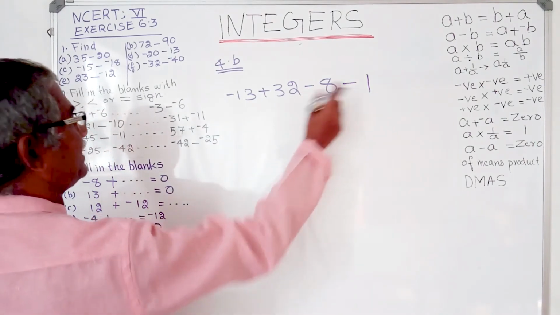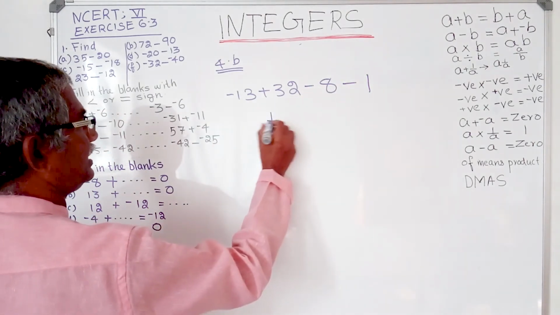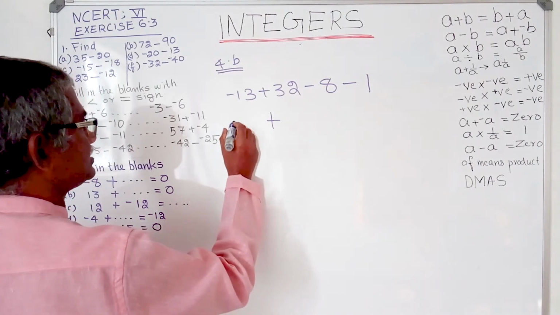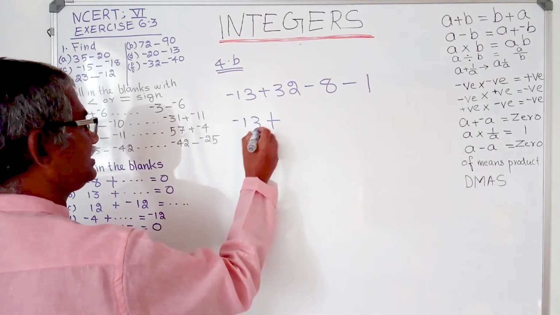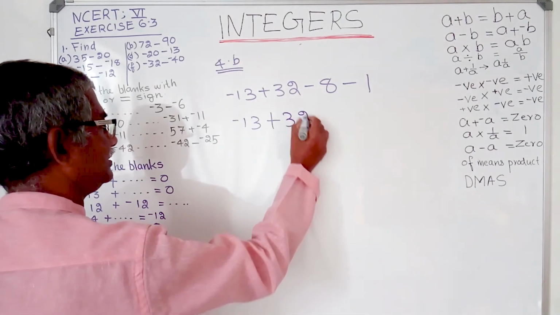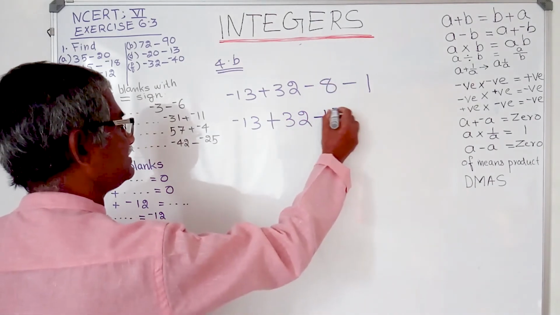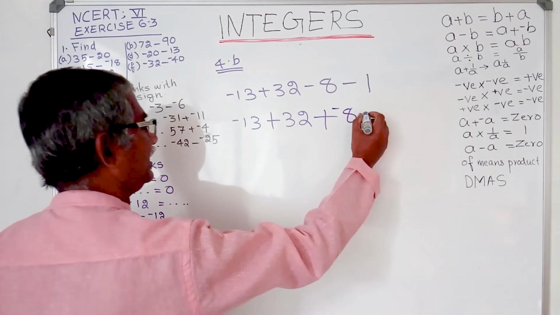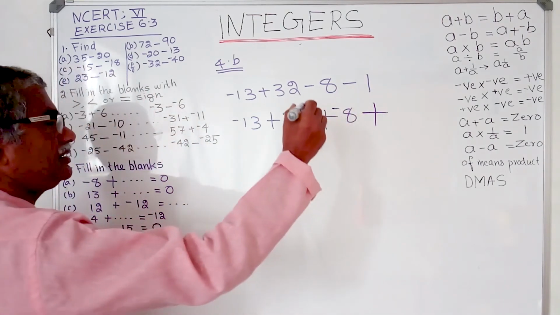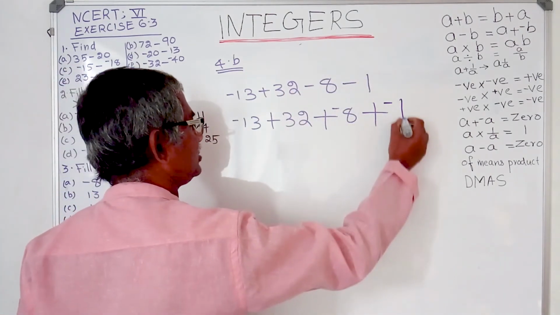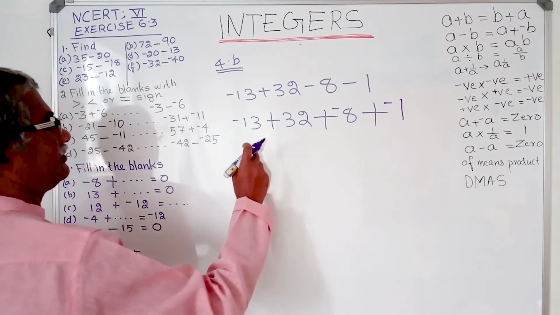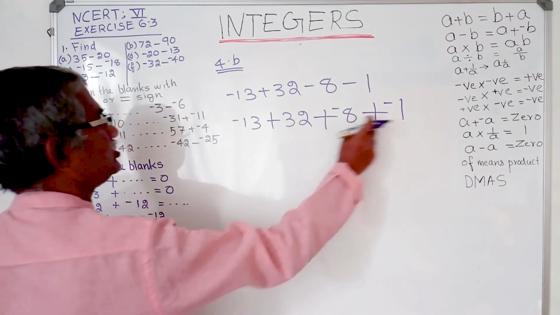There are two subtractions, while the others are already additions. So we can simply write it first. Subtraction changing to addition, 8 is becoming negative 8. Again subtraction becomes addition, 1 becomes negative 1. Look carefully, there are three negative numbers.